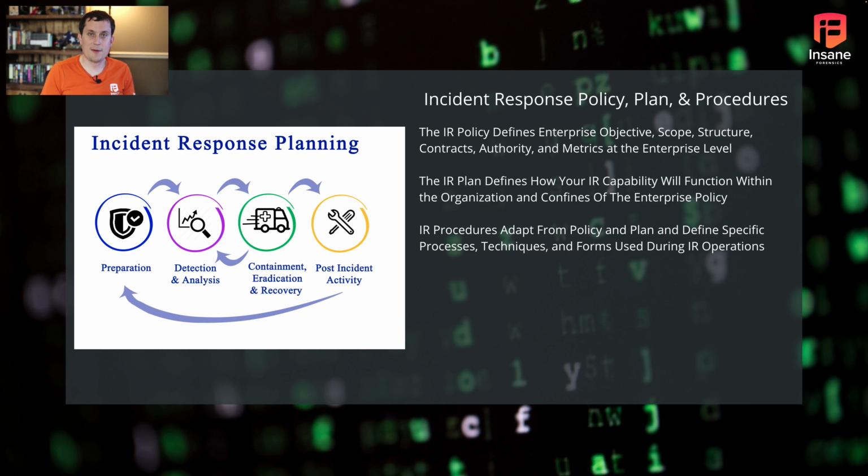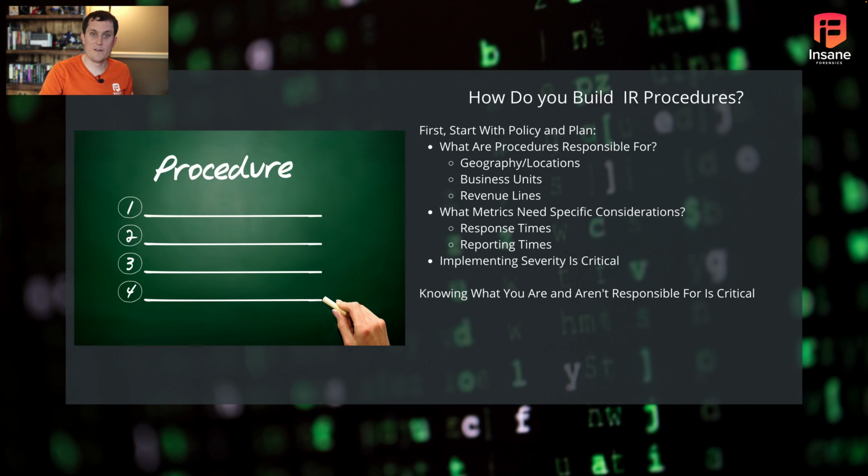And the IR procedures, what we'll talk about today, are how you actually do it when you're called up. So today is very much about how you tailor that incident response policy and plan down into action that fits your environment.